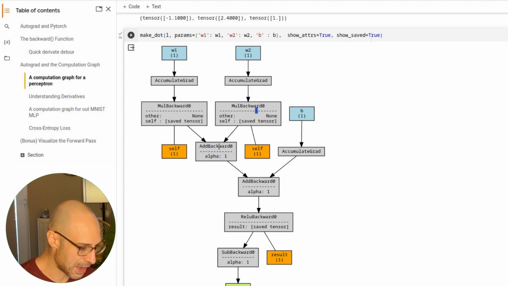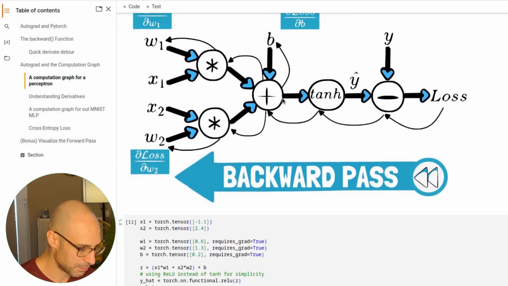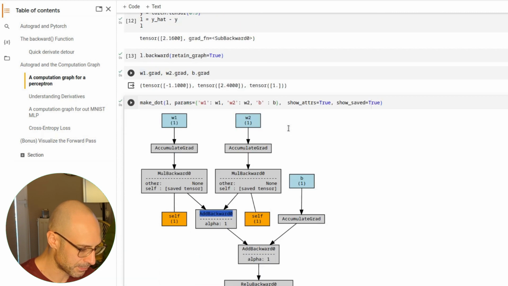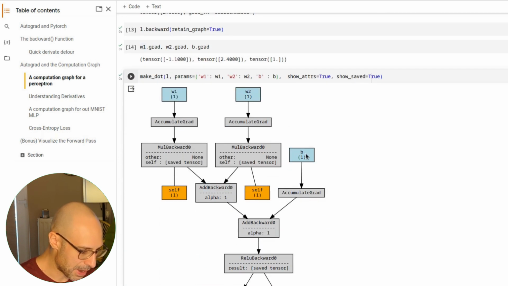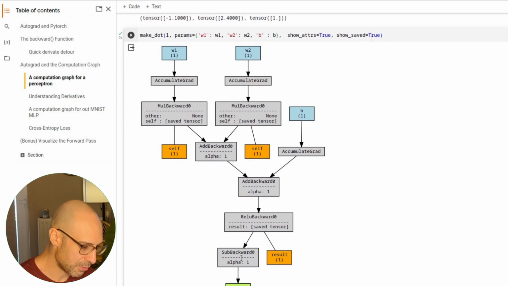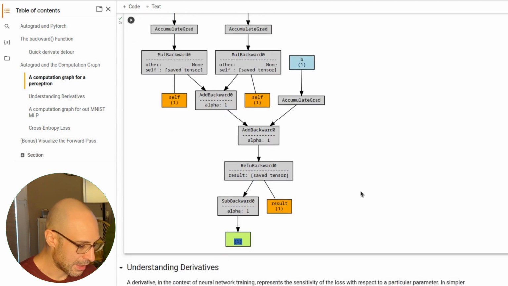These two values were added together. So basically this node here. And then we have got the bias, which was added to the output of this. And then we applied ReLU. And then we did a subtraction from the expected y value, and we got our result. So that's the computation graph.